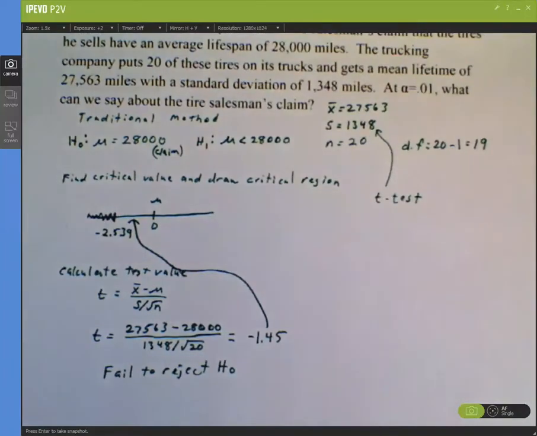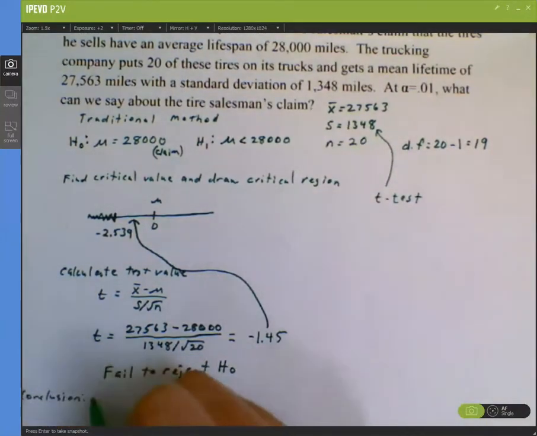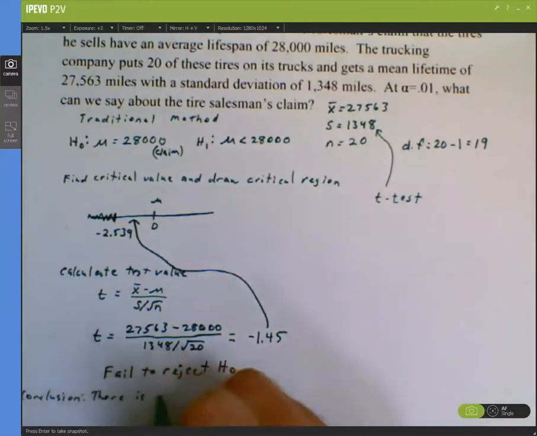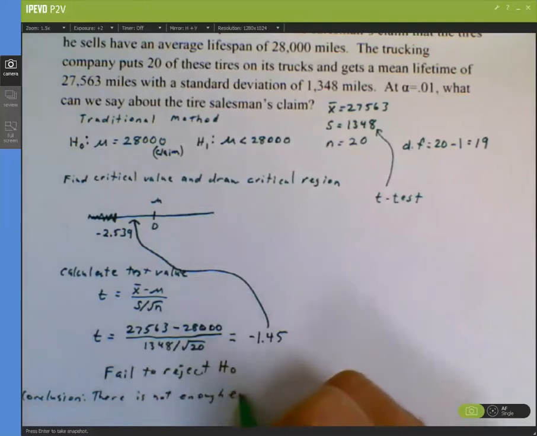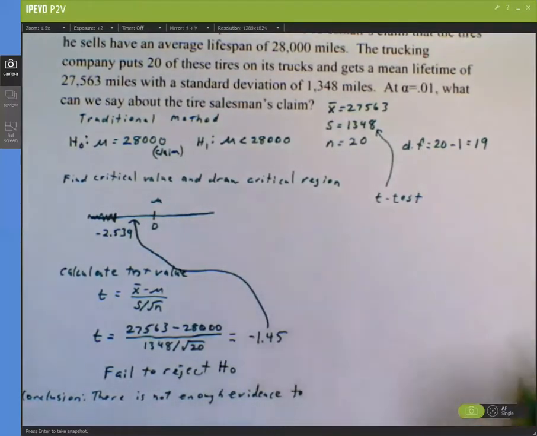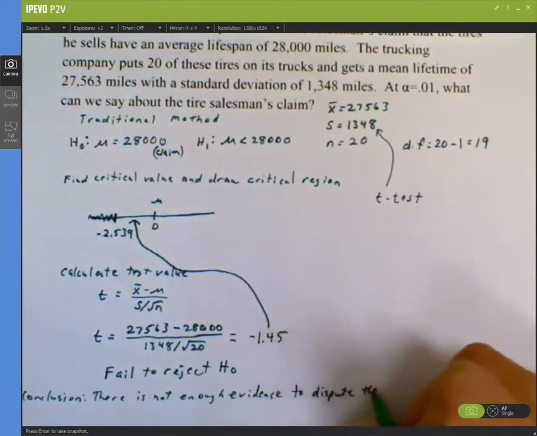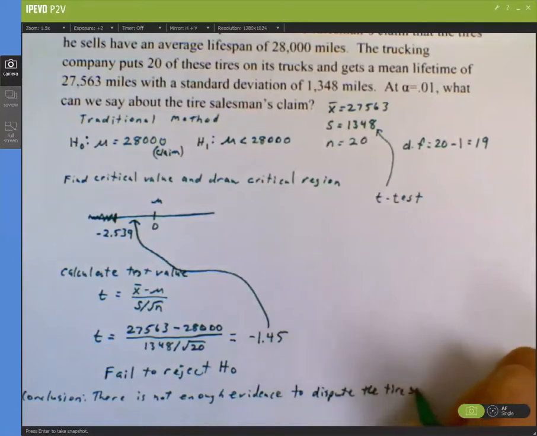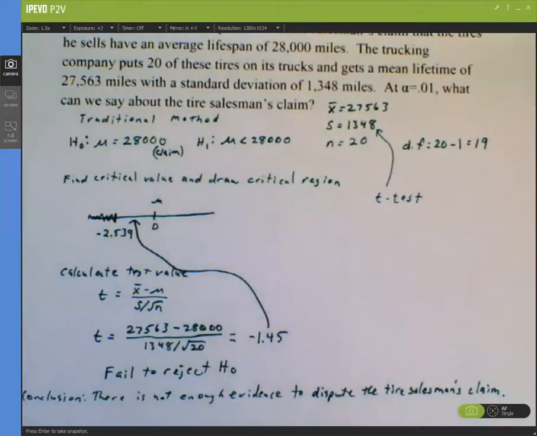Okay, and so what are our conclusions? Our conclusion is there is not enough evidence to dispute the tire salesman's claim. And there is our hypothesis test.